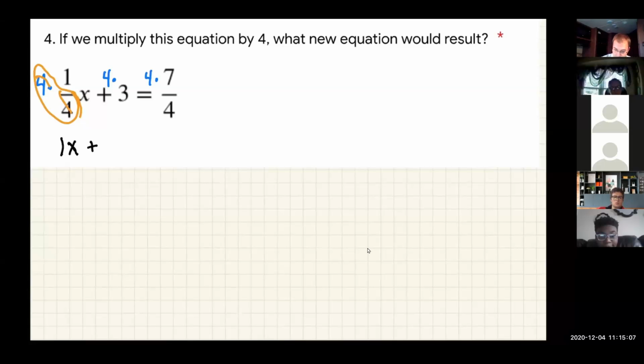Then we have plus. We're going to have 4 times 3 makes 12. And that's going to be equal to, again, these two guys are going to cancel each other out. Multiplying by 4, dividing by 4, bye-bye. Leaves us with only the number 7 that was in the numerator. So the simplest way to write that would be x plus 12 equals 7, because we know 1x and just an x by itself, same thing.